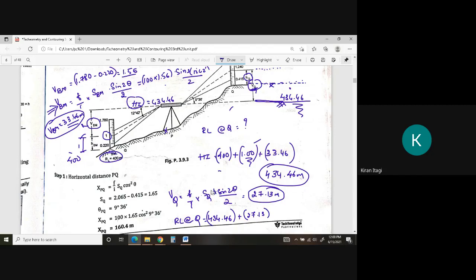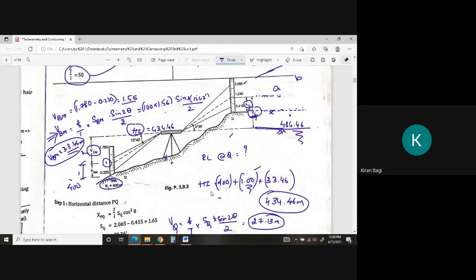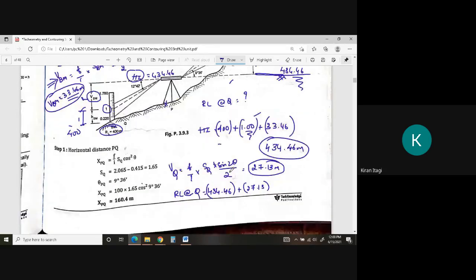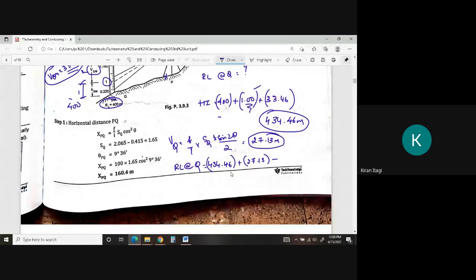See, now I have got up to this point, but I want at this point. So I will deduct the middle hair reading, minus 1.24. So RL at Q equals 460.35 meter.